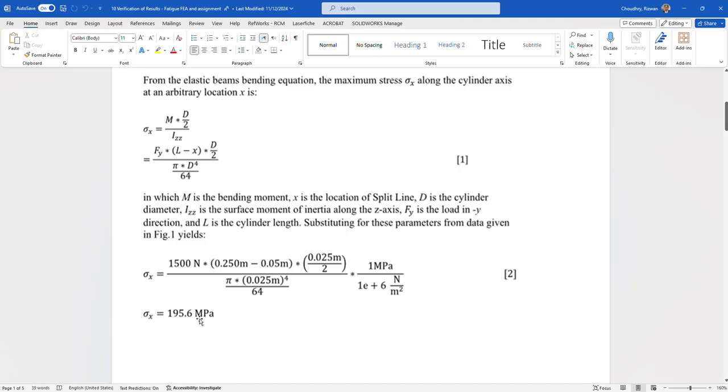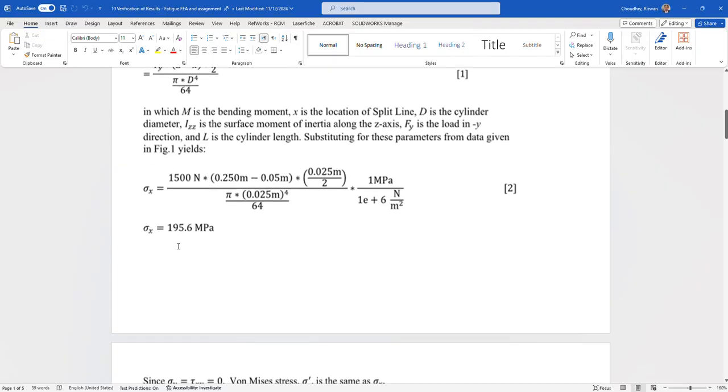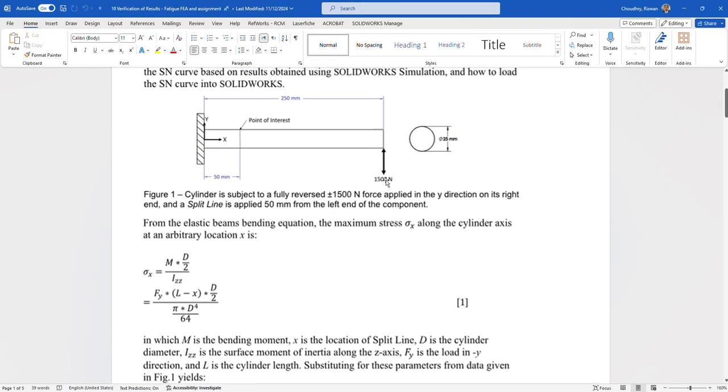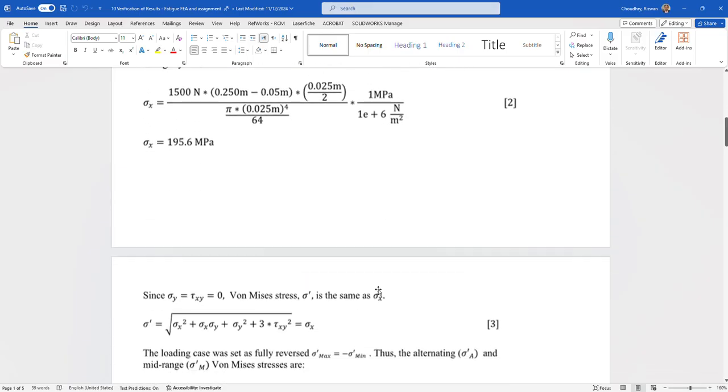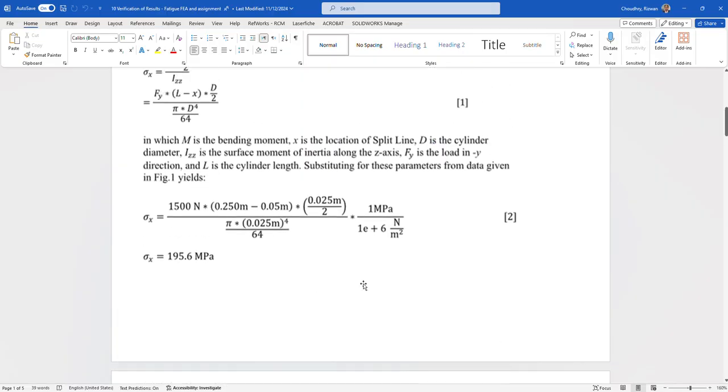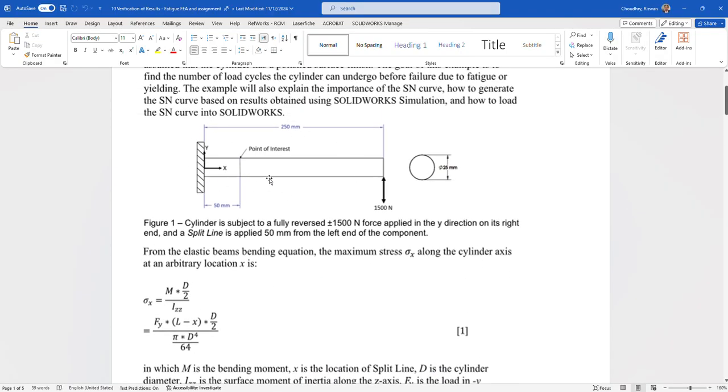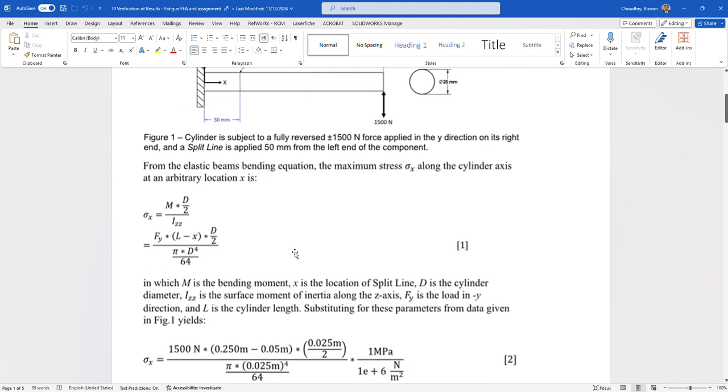So that's the value of the x stress in the shaft due to this load. Now, we can also calculate the value of the shear stress in this shaft, which will be given as VQ over It.